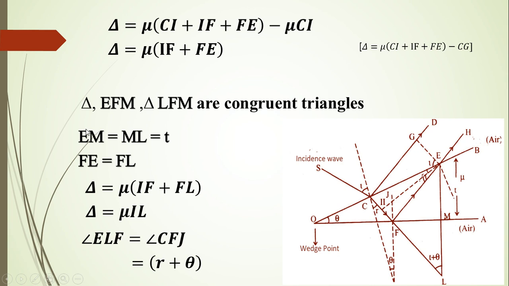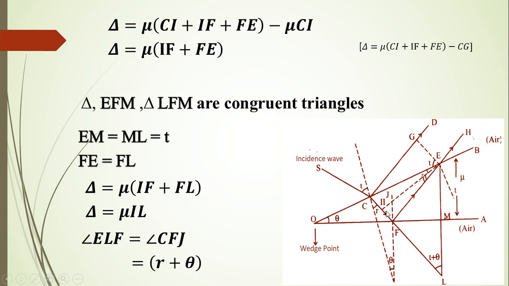Put in the value of FE in the above equation. We get delta is equal to mu times IF plus FL, with FE replaced by FL. IF plus FL is equal to IL. So mu times IF plus FL is replaced by IL.